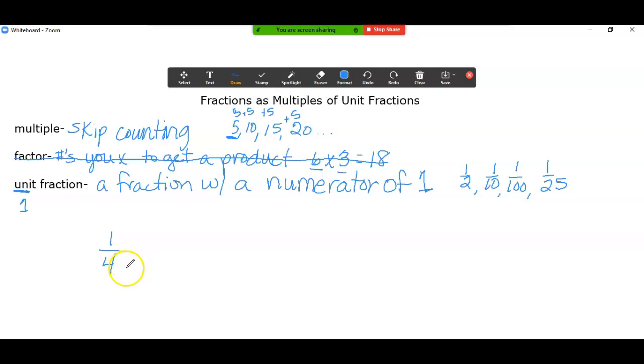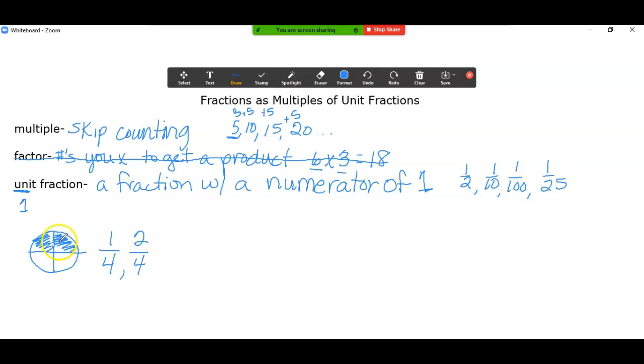So every time I'm adding another group of 5. Same concept down here. Only this time we're going to go by 1/4. So I'm going to draw you a picture. Here's my 1/4. If I add another 1/4, what do I have? I have 2/4. Now, I know some of you are saying, well, that's also a 1/2.